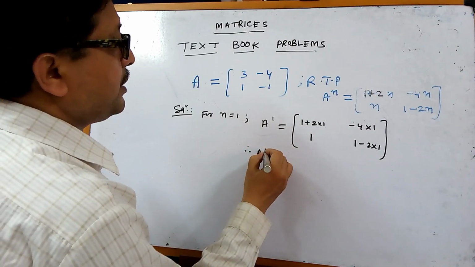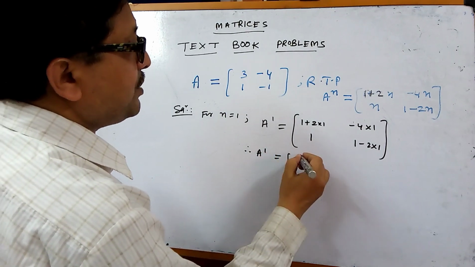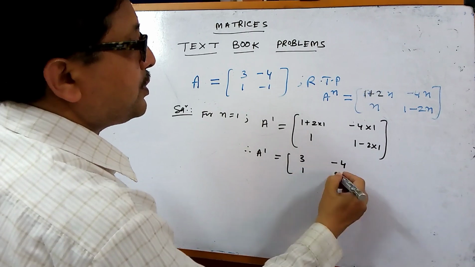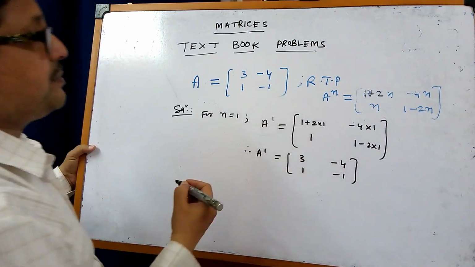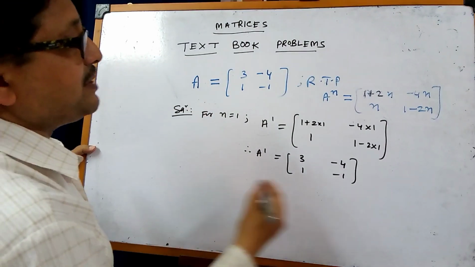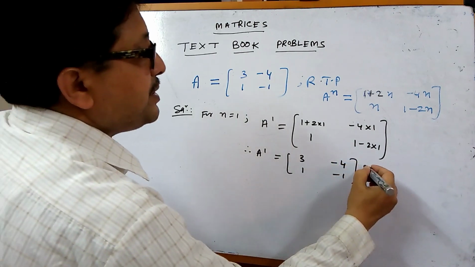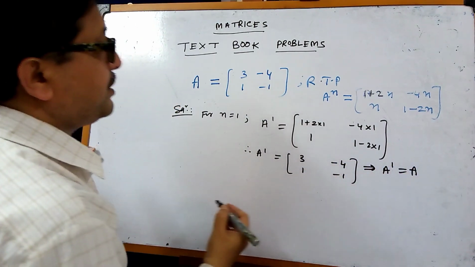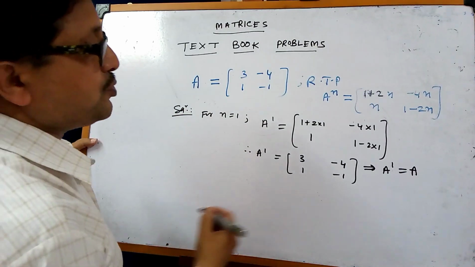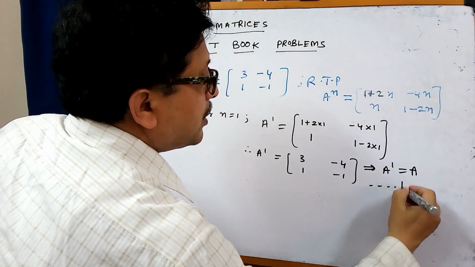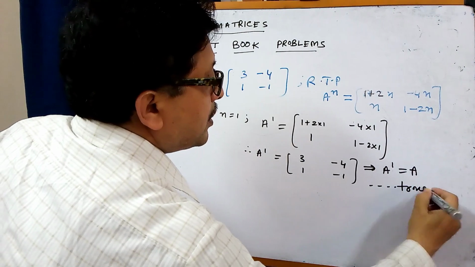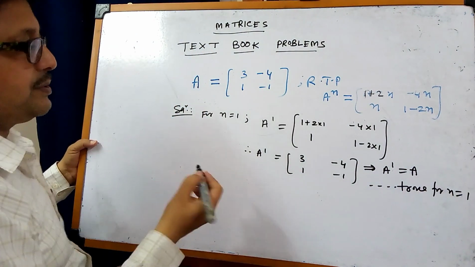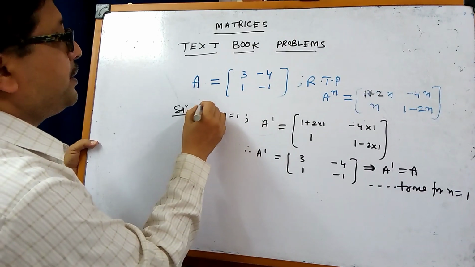Therefore A to the power 1 is equal to 3, minus 4, 1, minus 1. This is the given matrix, so this is equal to A. So the given relation is true for n equal to 1. This was our basis step.